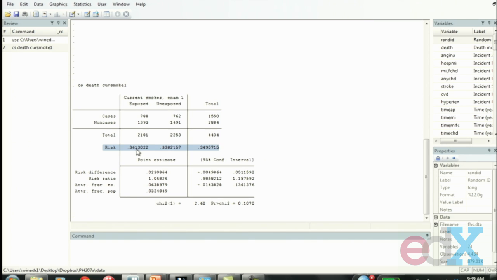This means that 36.1% of smokers died during follow-up. In comparison, for non-smokers, the cumulative incidence of death was 0.338. This means that 33.8% of non-smokers died.